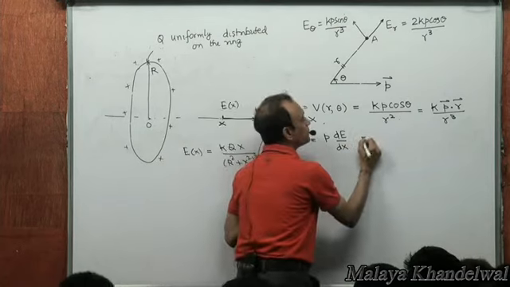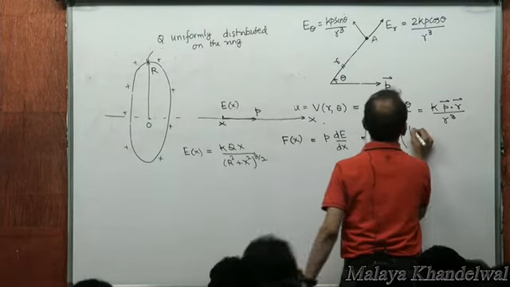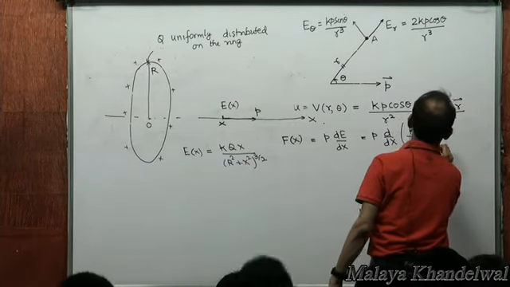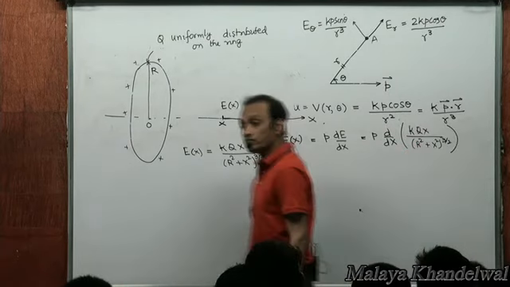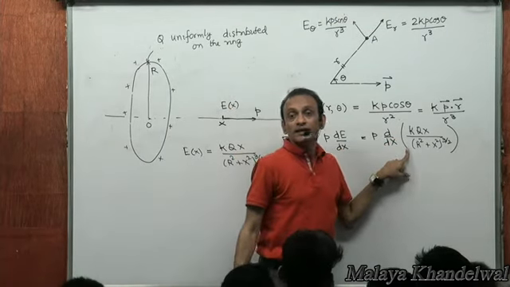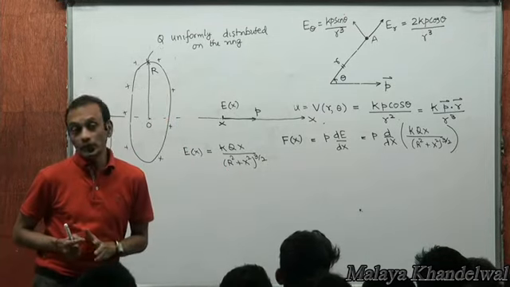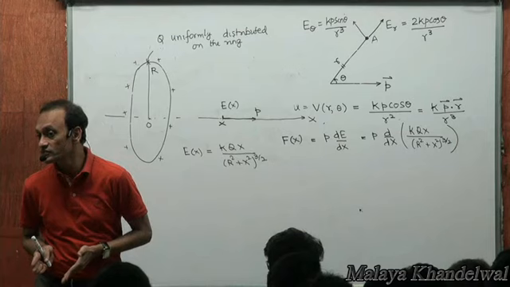So which is like P d/dx of the electric field, which is KQx by (r squared plus x squared) to the power 3/2. Yes or no? That's the force experienced. So you can differentiate this with respect to x and obtain the magnitude of the force experienced by the dipole placed on the axis of this ring at a distance x from the center of the ring.